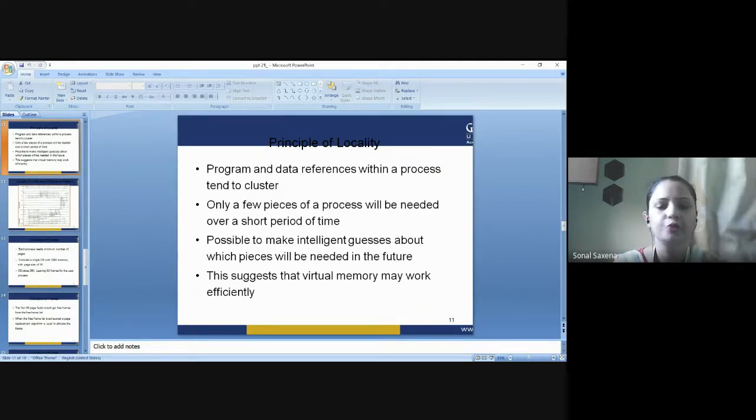So only a few pieces of a process will be needed over a short period of time, making it possible to make intelligent guesses about which pieces will be needed in the future. So this suggests that virtual memory may work efficiently. Right. So if the working set of a program or a workload cannot be effectively held within physical memory, then constant data swapping, that is thrashing, may occur.